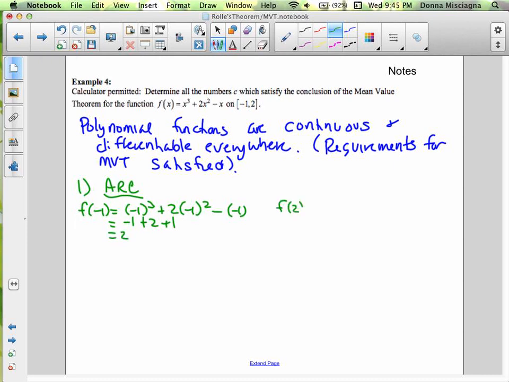And then f of 2 would be 2 cubed plus 2 times 2 squared minus 2, so that would be 8. And then 2 squared is 4 times 2 is 8, minus 2, so that's going to be 14. So average rate of change is 14 minus 2 divided by 2 plus 1. So that would be 12 divided by 3, which is 4.